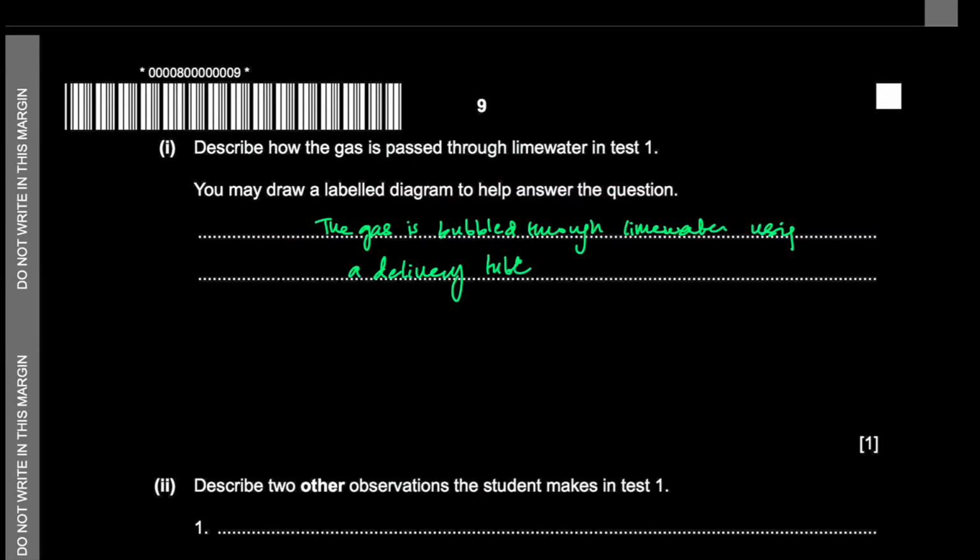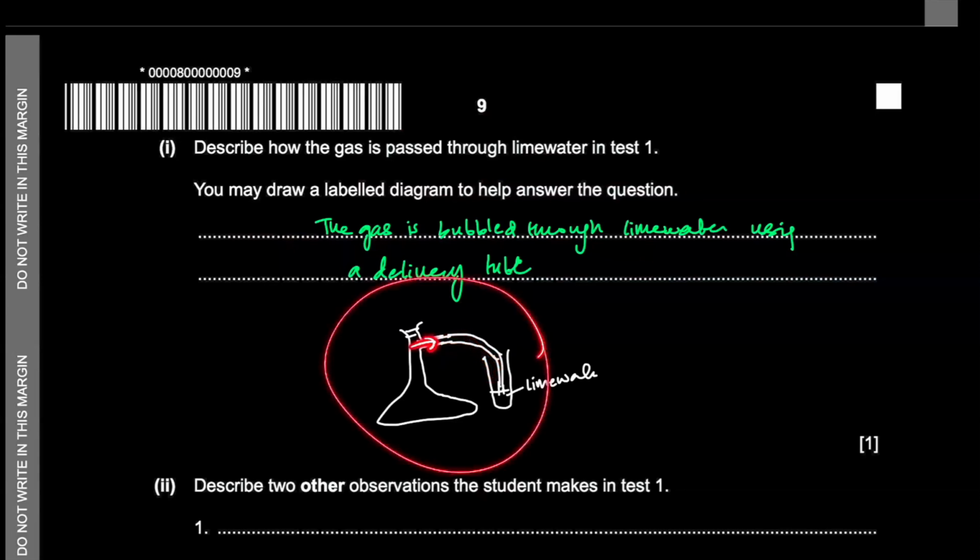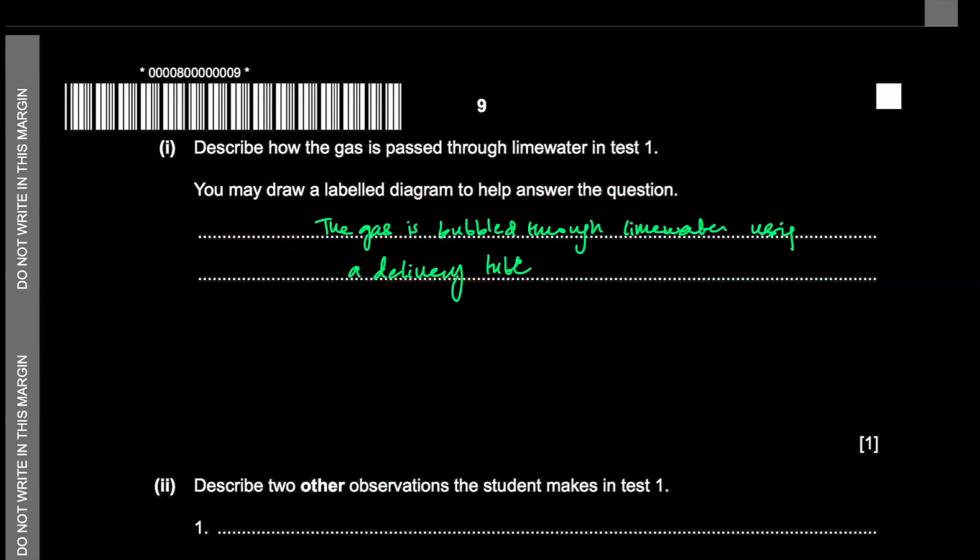One way to set this up is to have your reaction taking place in a flask, and take a tube and pass it into a test tube that contains lime water. This is a delivery tube. The delivery tube is taking the carbon dioxide gas into lime water, and then you're going to see the formation of a white precipitate. The lime water will turn white, or milky, because calcium carbonate is forming. So that's how you can test for carbon dioxide.